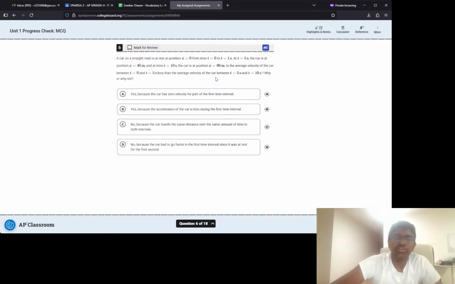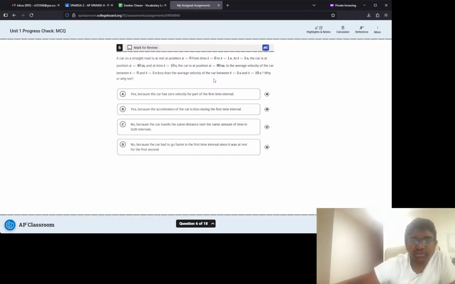Okay. A car on a straight road is at rest at position x equals 0 from time equals 0, time equals 1. At t equals 5, the car is at position x equals 40 meters. And at t equals 10, the car's at position x equals 80 meters. The average velocity of the car between t equals 0.